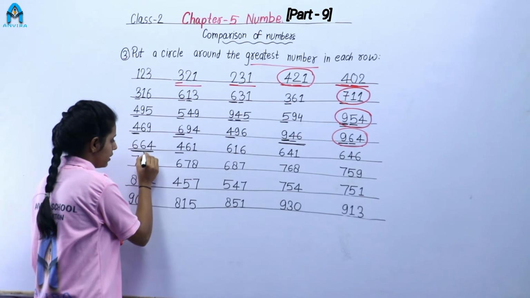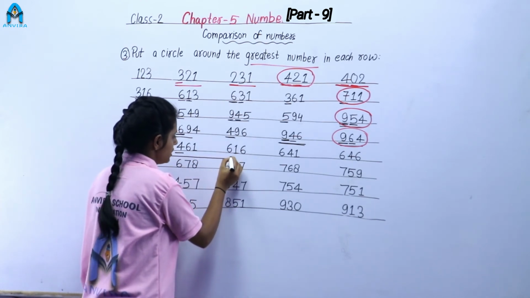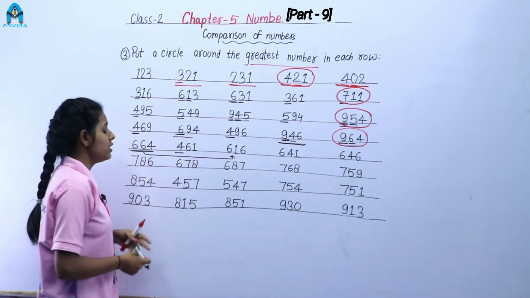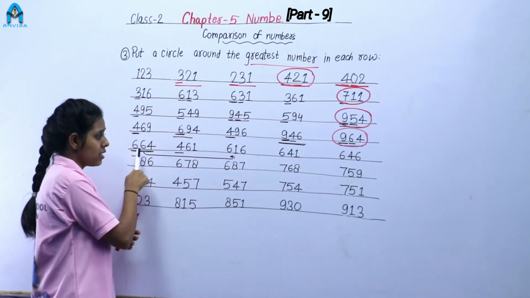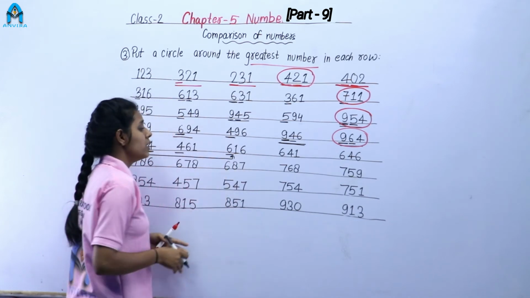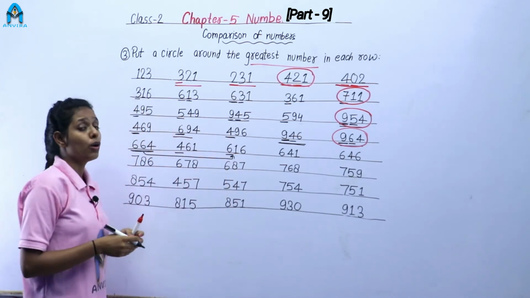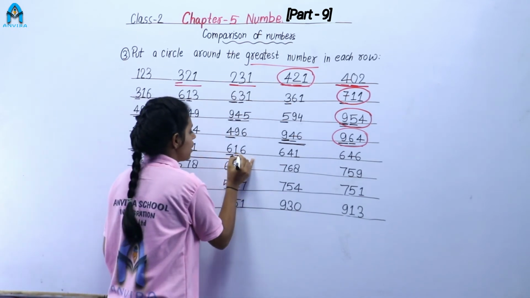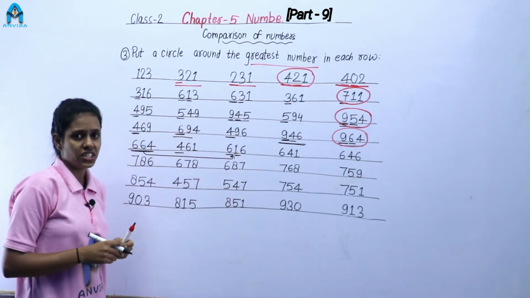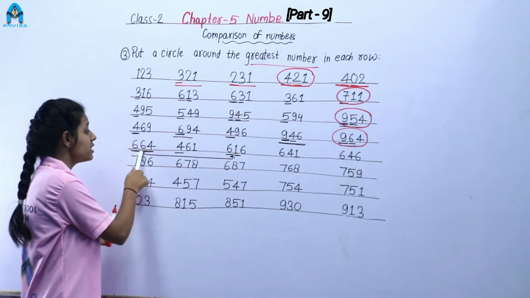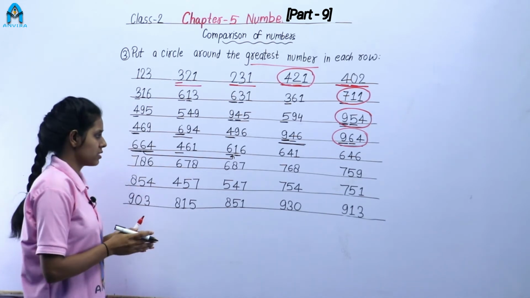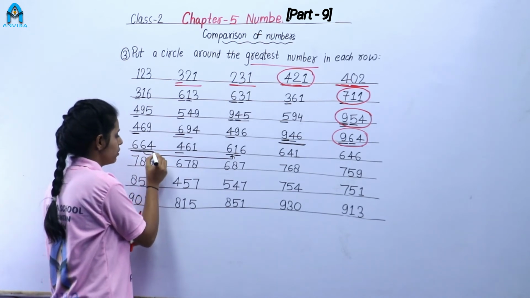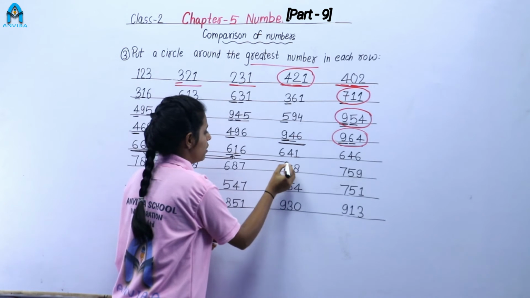So, we compare this and this number and find out which is greatest from both of these numbers. 600 and here is also 600. On tens place, here is 6 and here is 1. So, which is greatest? Yes, 6 is greatest.